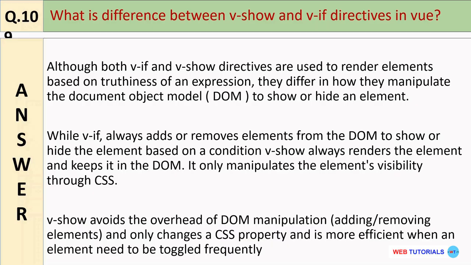On the other hand, v-show always renders the element and keeps it inside the DOM. It only manipulates the element's visibility through CSS. v-show avoids the overhead of DOM manipulation and only changes a CSS property, and is more efficient when an element needs to be toggled frequently.